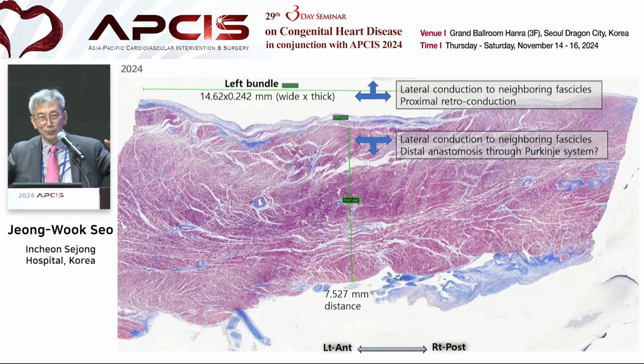No. We are producing only left bundle branch block. Only part of the fascicles are paced, but the rest are not paced. So the question is, how does it work? It works in clinical practice. So we need to know how the lateral conduction through the collateral pathway comes to other fascicles.